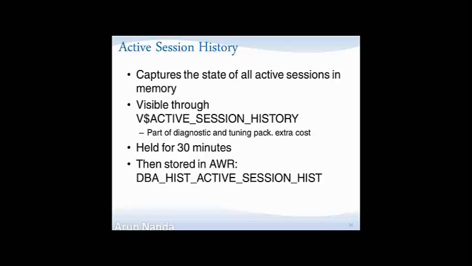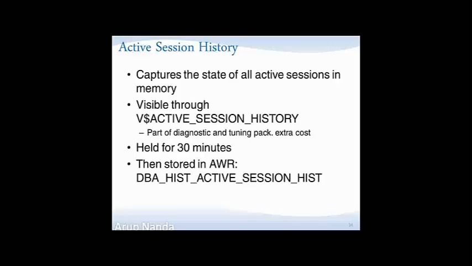So to do that, Oracle provides a slightly different view called active session history. What it does is select the information for all the active sessions every second and put it into a buffer in memory called the active session history, or ASH buffer. After 10 seconds, it gets flushed to disk and stays right there.